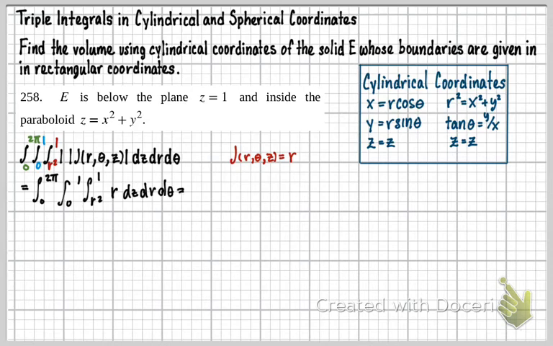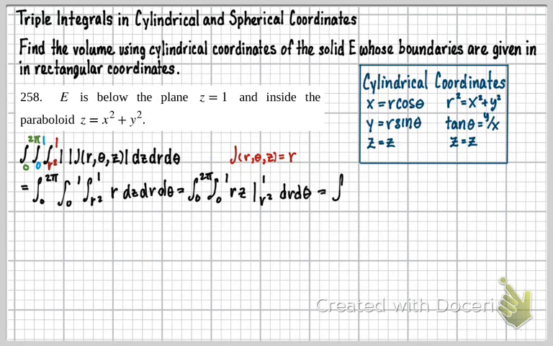And then when I do my first integral here, it's going to be 0 to 2 pi, 0 to 1, and this is going to be rz, from r squared to 1, and then dr d theta.